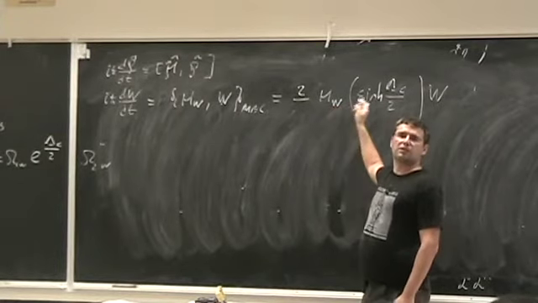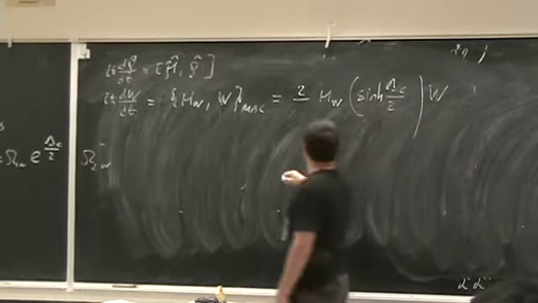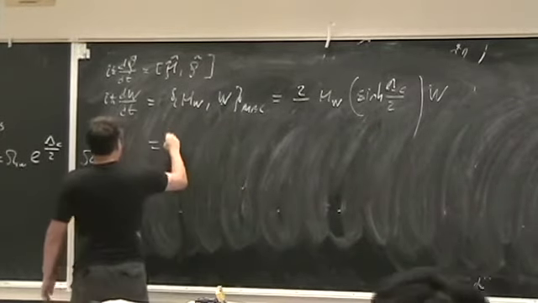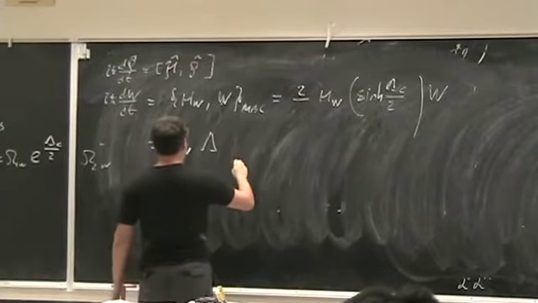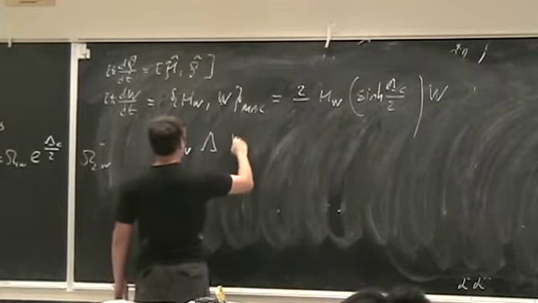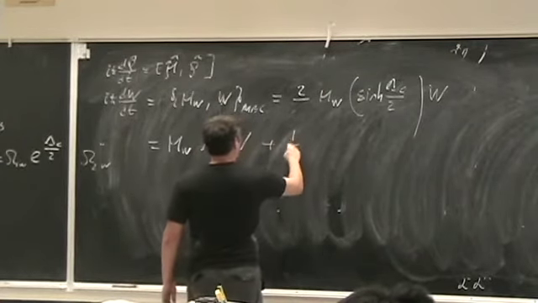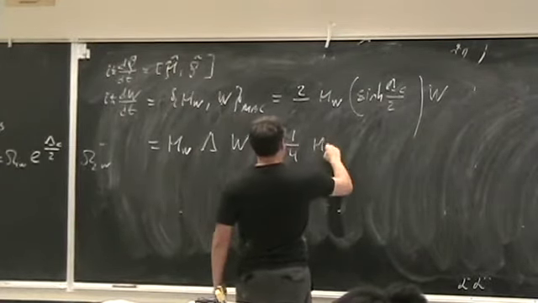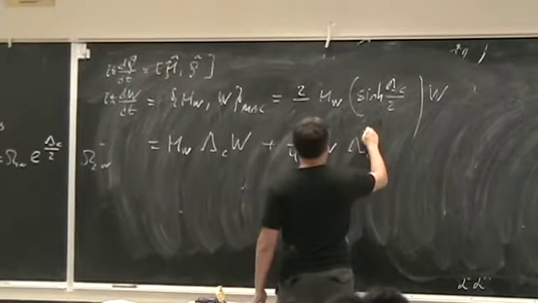So it allows us to expand sinh up to third order. So we don't worry. What we get is H W lambda W plus 1 over 4 H W lambda c cubed.